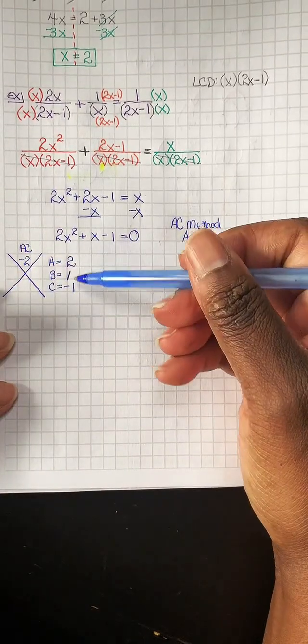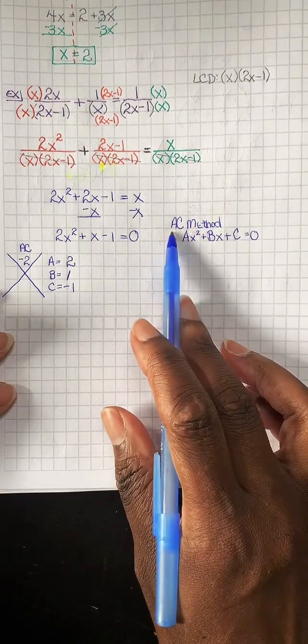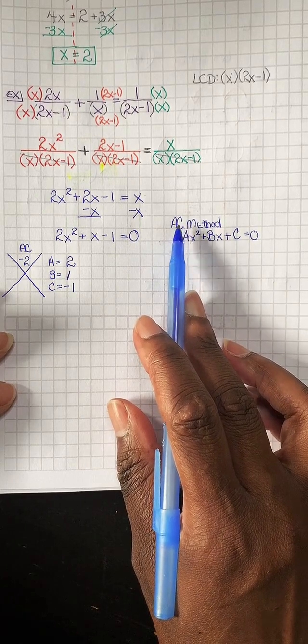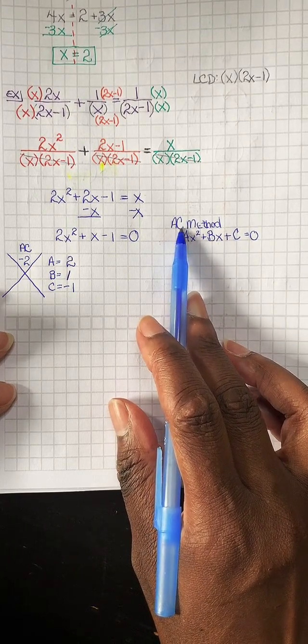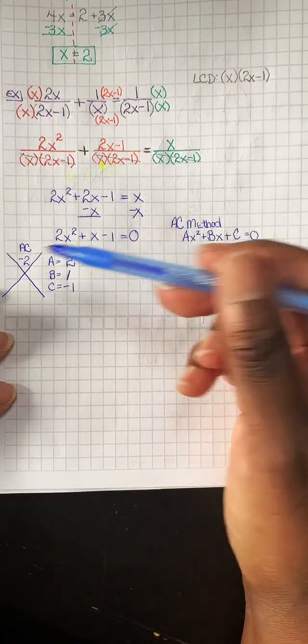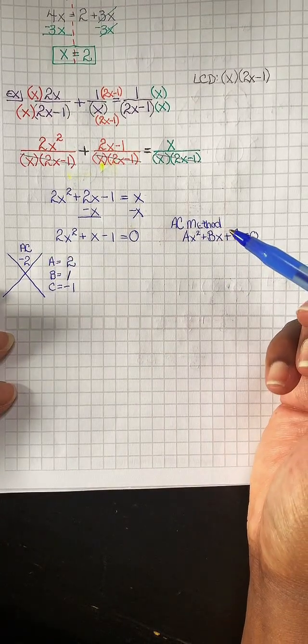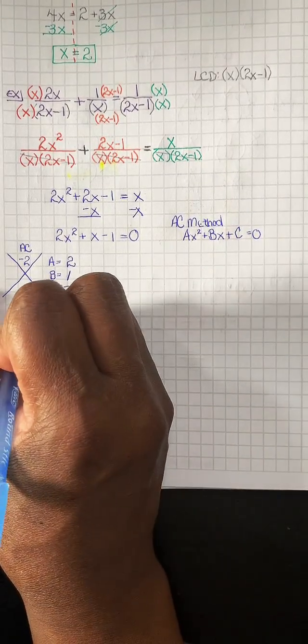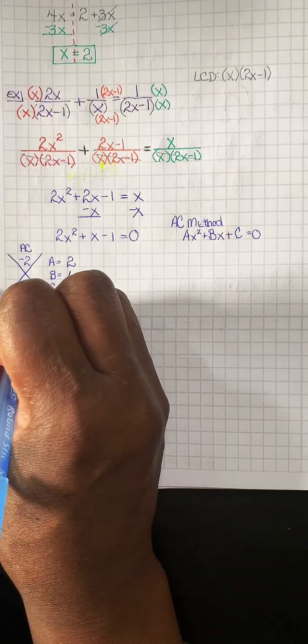Okay, multiply the a and the c. That's why it's called the AC method. Notice there's no plus or minus sign in between the a and the c, so that means you're multiplying your a and your c. 2 times -1 gives me -2. Okay. Now, rewriting my b. My b is 1.